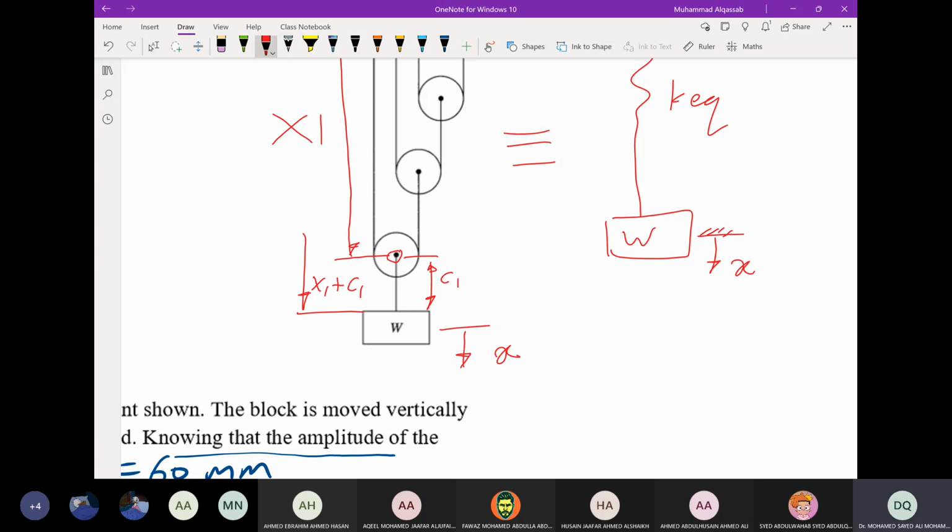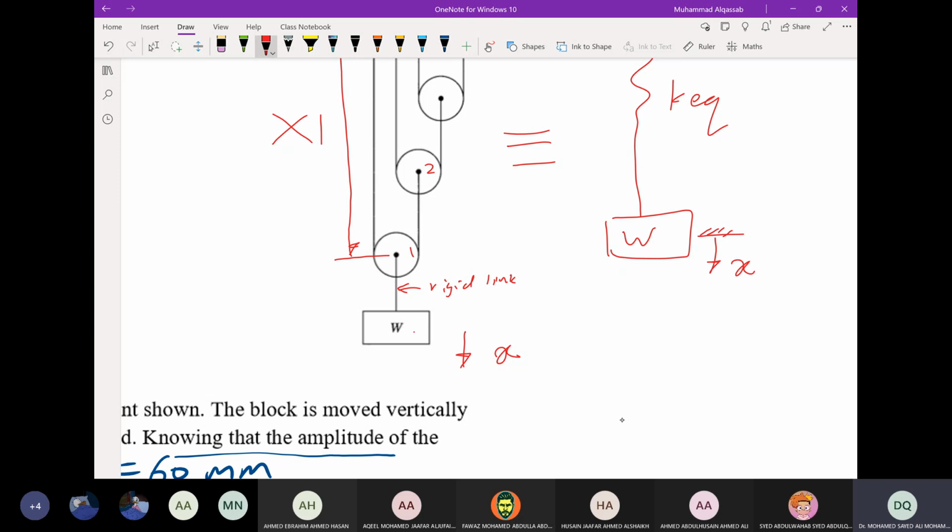In fact, this pulley and the weight are moving without any relative displacement, so they can be considered as one object. The weight and pulley number one are one object because this is a rigid link.